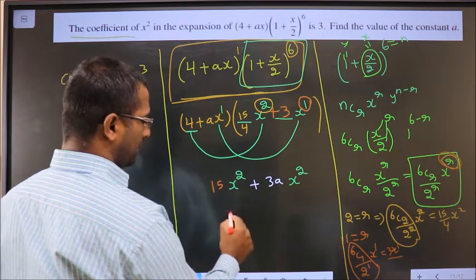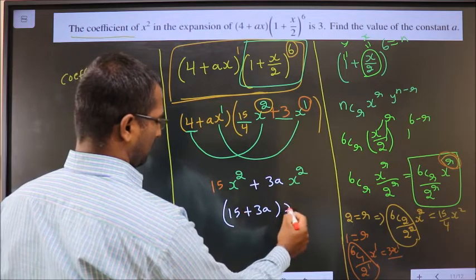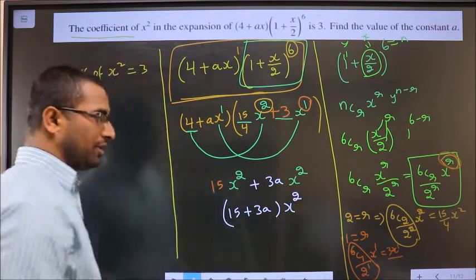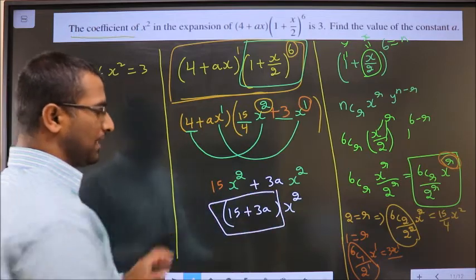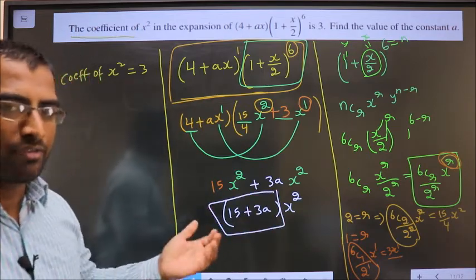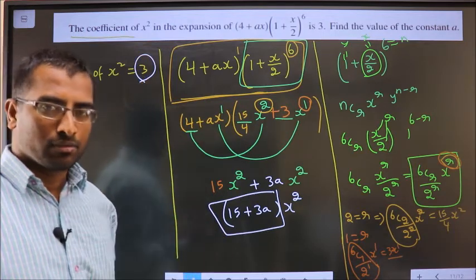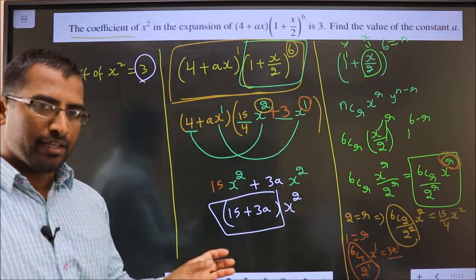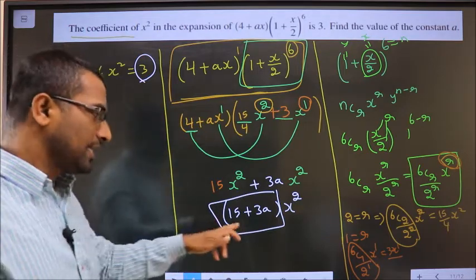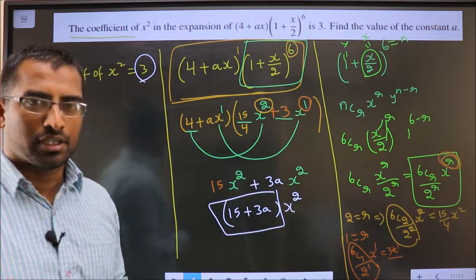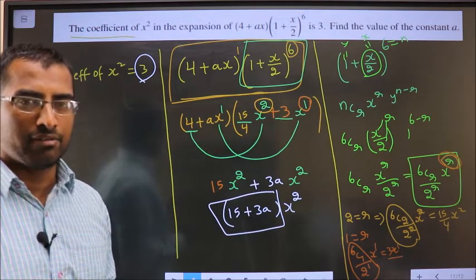Now take x square common. So the coefficient of x square that we got is 15 plus 3a, and he told the coefficient of x square is 3. That could only happen if both of them are equal. This is the coefficient of x square, this is also the coefficient of x square. Both are the coefficient of x square, only happen if both of them are equal.